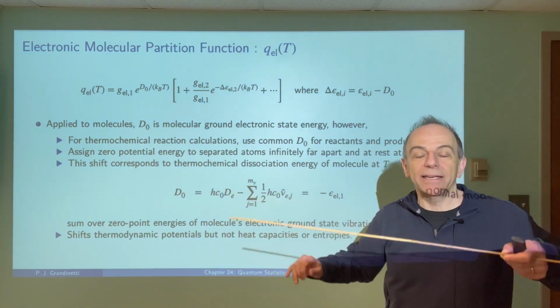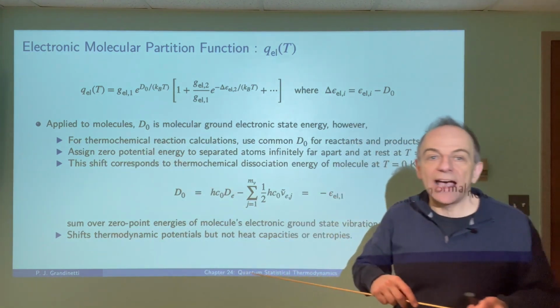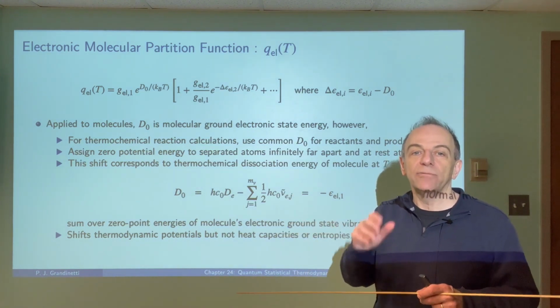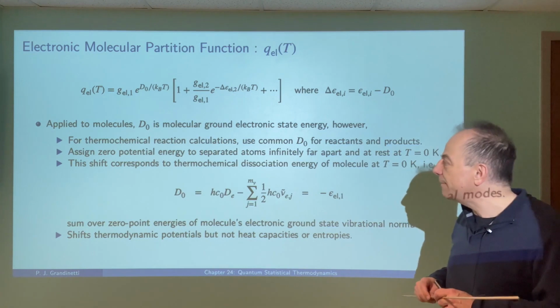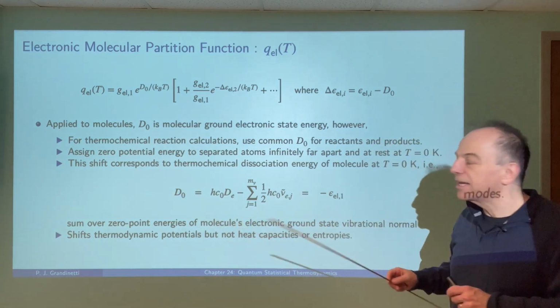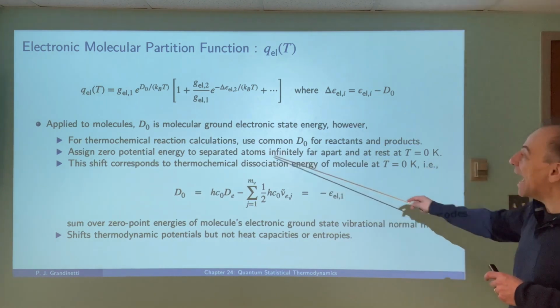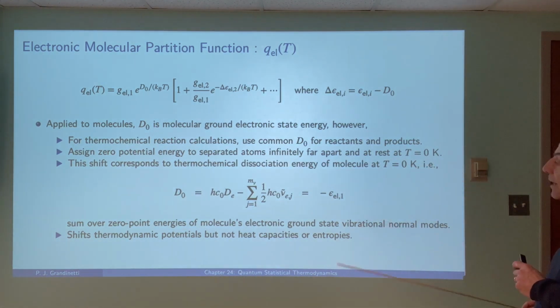So we need to pick one way to define D0 so that when we calculate the delta G for a reaction or delta S for a reaction, we'll get the correct result. And the way to do that is to define D0 for the molecules as the energy relative to the atoms in the molecule that are infinitely far apart and at rest at 0 Kelvin.